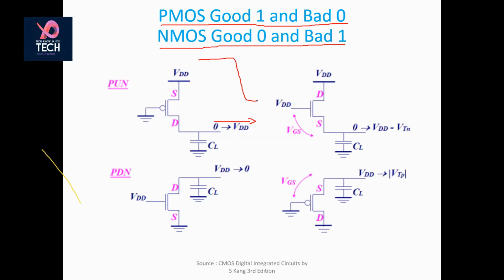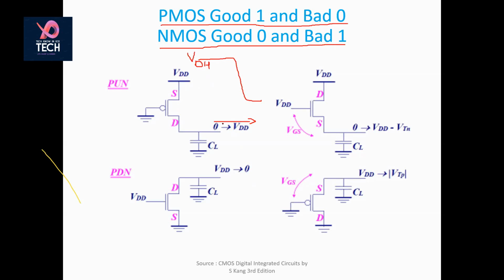So what is the output in case of a CMOS inverter? Your output is always equal to VOH, and VOH is equal to VDD. Why is it so? Because this particular transistor is not dissipating anything in between. So this is good for 1 because you are getting a very high output, full swing, so your output is 1, good for 1.